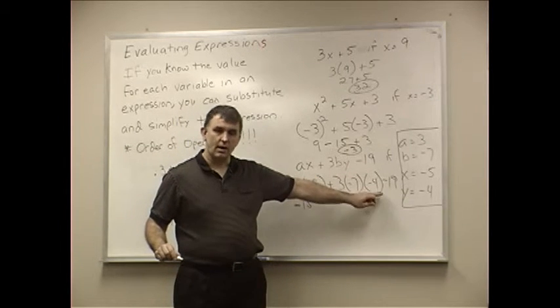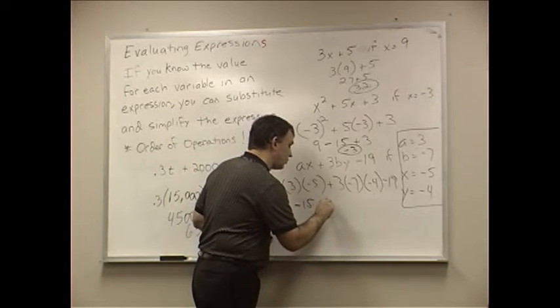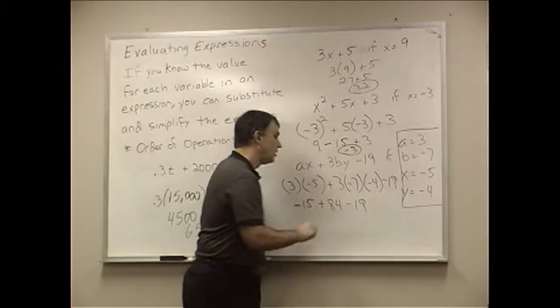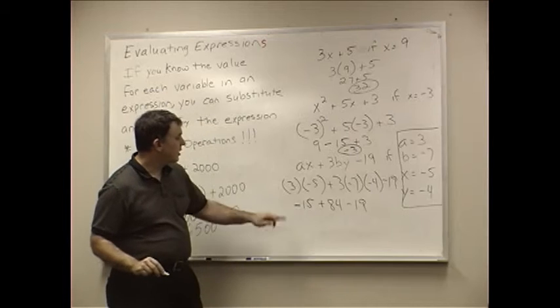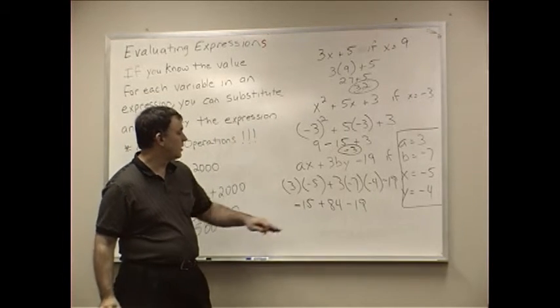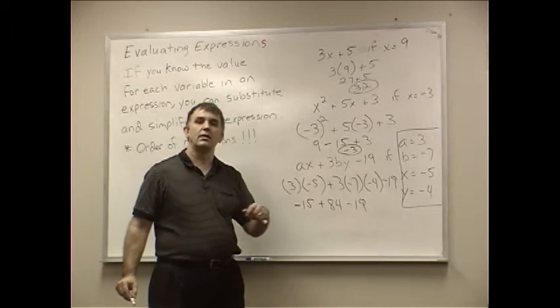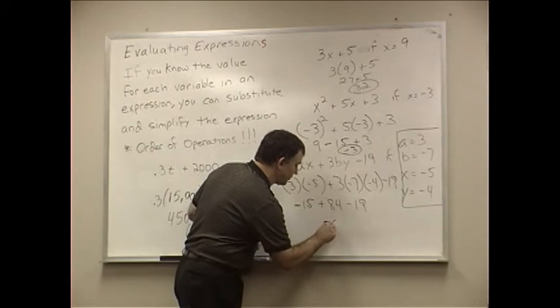Negative 21 times negative 4, that's going to be positive. And 4 times 21 is 84 minus 19. Now I can combine the adding and subtracting. Negative 15 and 84, that's 69. 69 and negative 19 is 50. The answer there is 50.